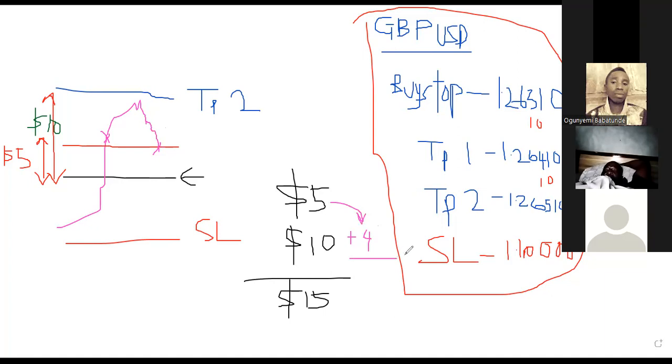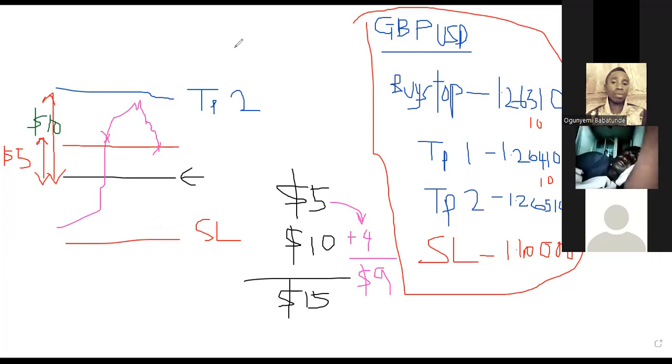And maybe instead of you making $15, you eventually make what? $9. To me, this is not bad, because at the end of the day, our major intent in the forex market is to make profits. Are you with me? Our major intent in the forex market is what? Is to make profits. Thank you very much.